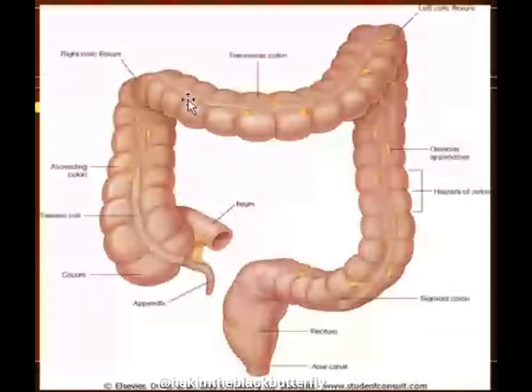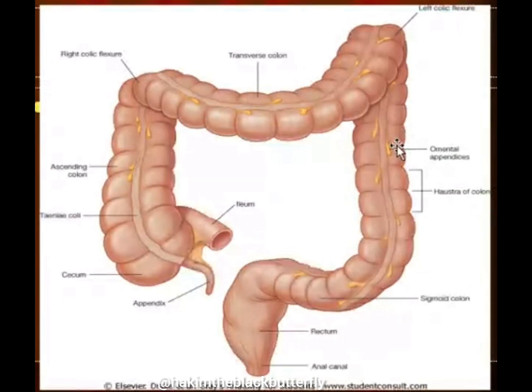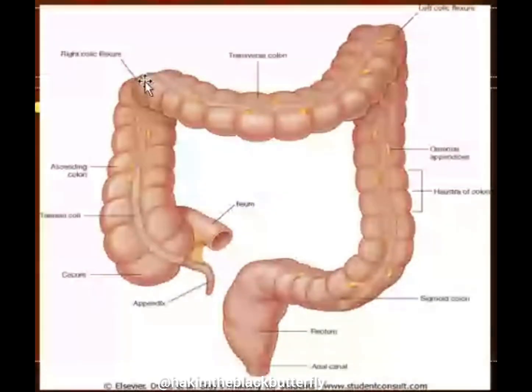Then that is our transverse colon. And then there is a bend here known as the left colic flexure, where the transverse colon continues with the descending colon. A point to note, the right colic flexure is slightly lower than the left colic flexure.